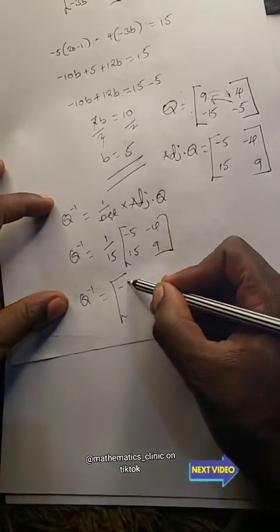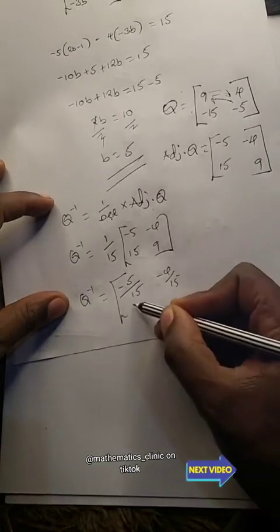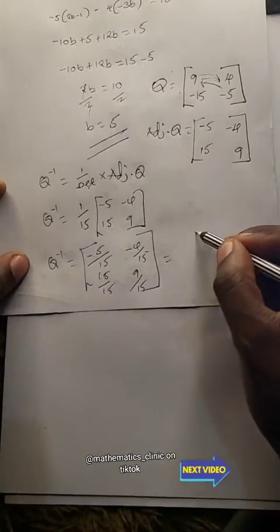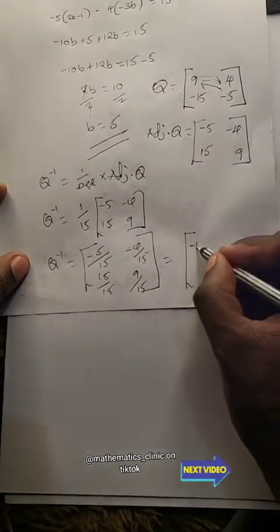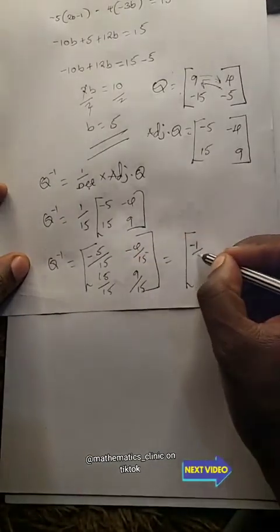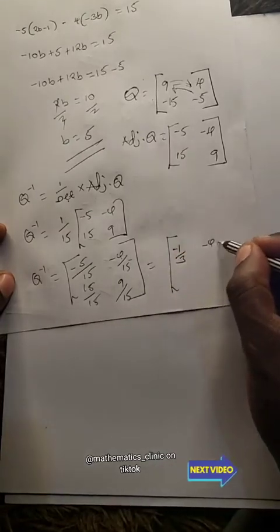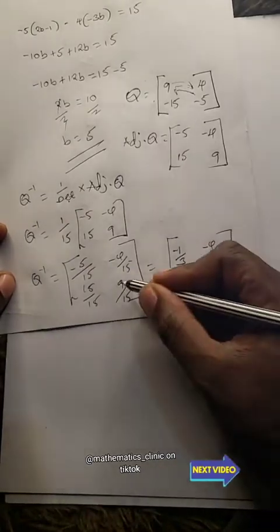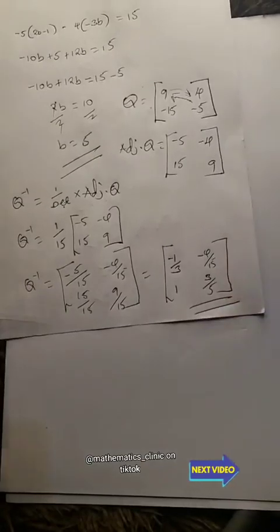So it will be negative 5 over 15, negative 4 over 15, then 15 over 15, then 9 over 15. Then we simplify. 5 into negative 5 over 15 is negative 1 over 3. Can we simplify negative 4 over 15? No, just leave it the way it is. Then 15 over 15 is 1, and 9 over 15 simplifies to 3 over 5. This is our inverse that they're asking us to find.